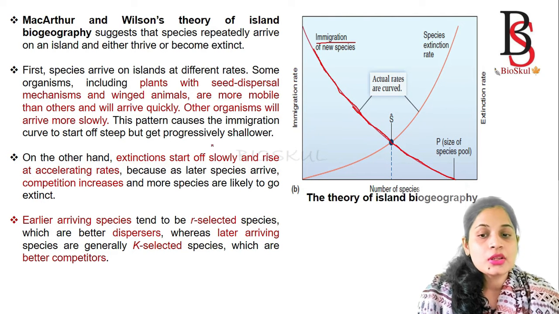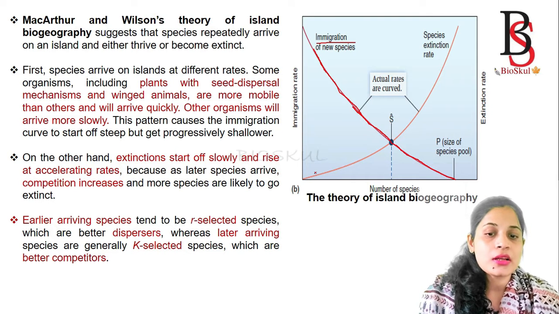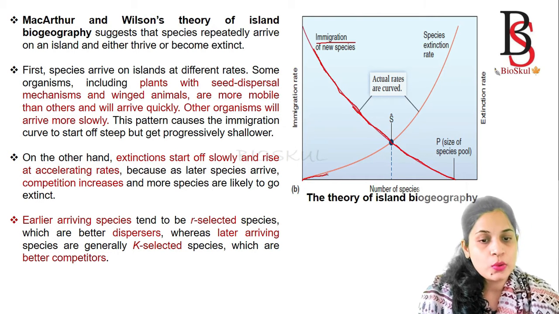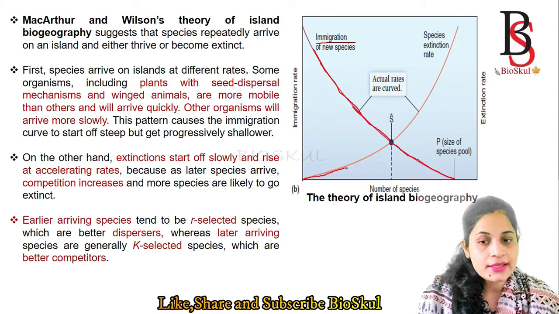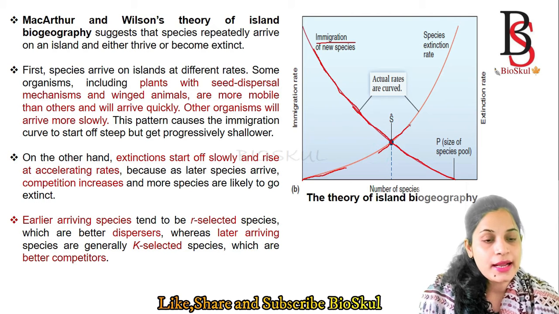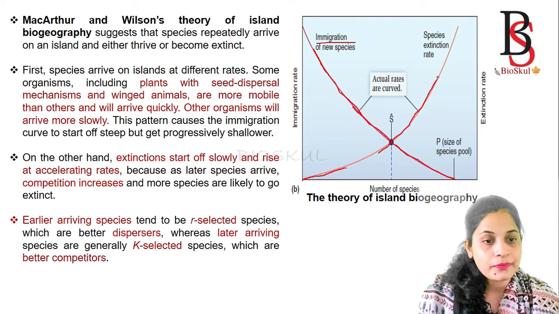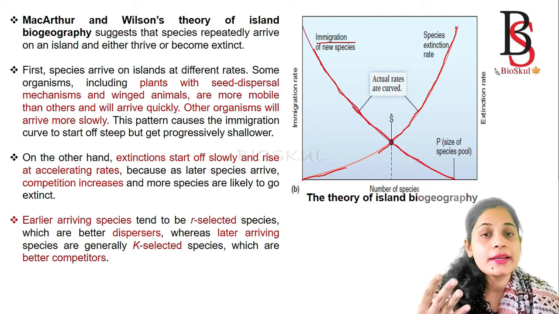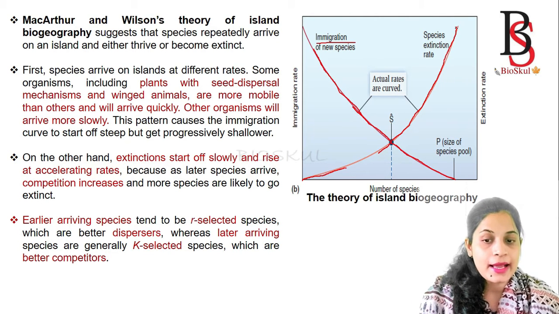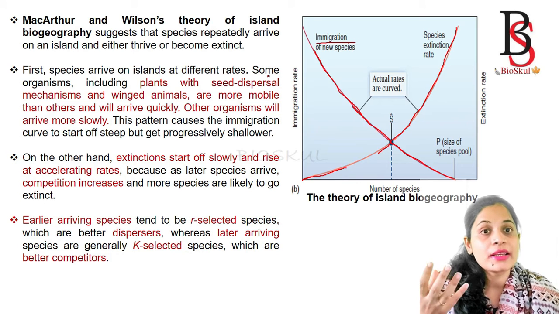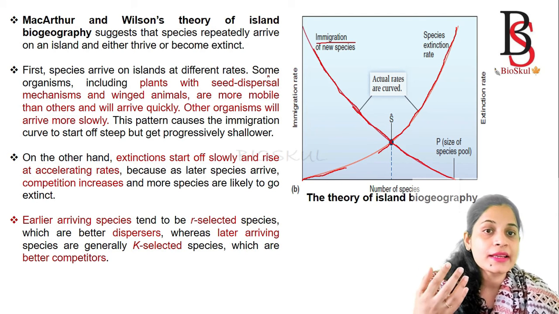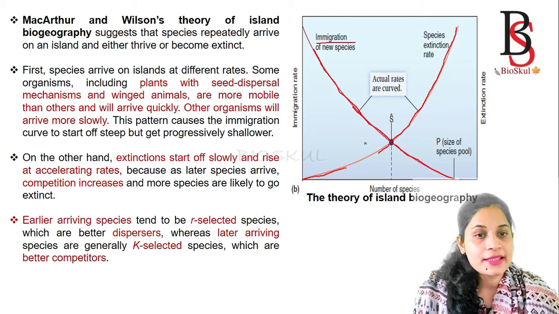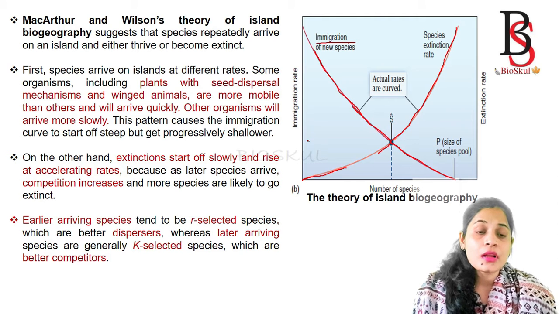On the other hand, extinction starts very slowly, and suddenly it rises, as you see here. Why? Because as species arrive later on an island, competition increases, and more species are likely to go extinct.